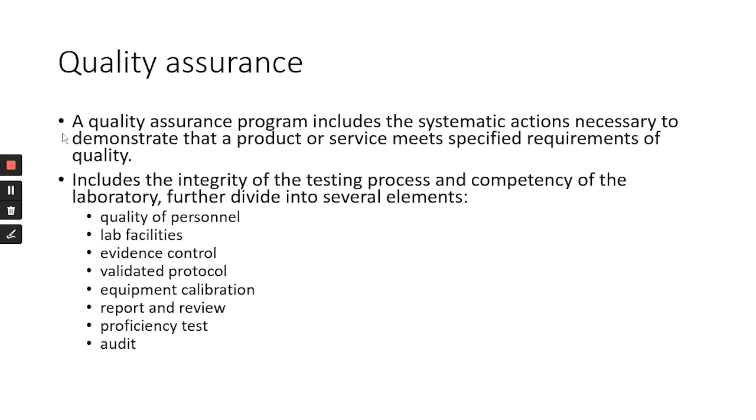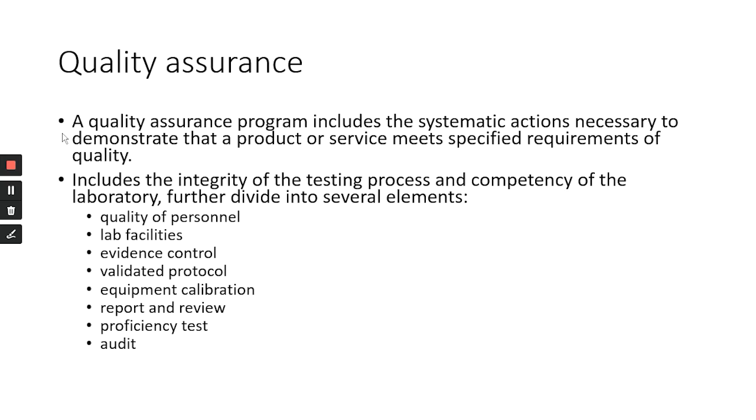Quality assurance, QA. QA is a program that includes the systematic actions necessary to demonstrate that a product or service meets specific requirements of quality. Quite confusing, but quality assurance is very related to quality control.